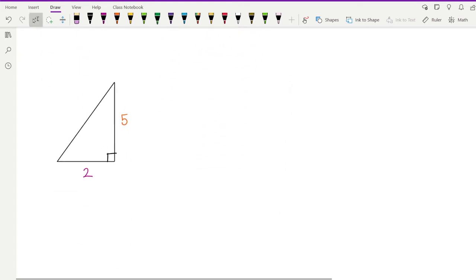All right, next one, again we want to find our missing side. Let's call our missing side C because it's the hypotenuse, whereas in the other one, the side we were missing was one of the two legs. Again, we can plug this into the Pythagorean theorem. We have 2 squared plus 5 squared is equal to C squared.